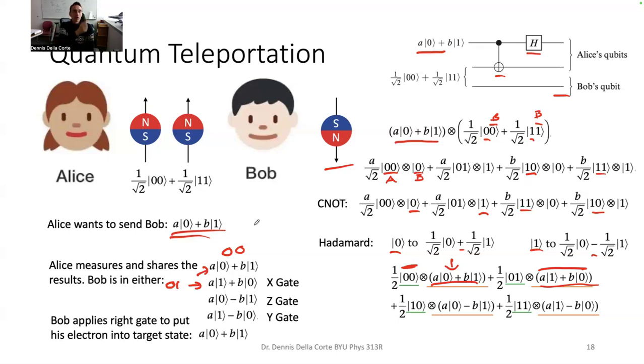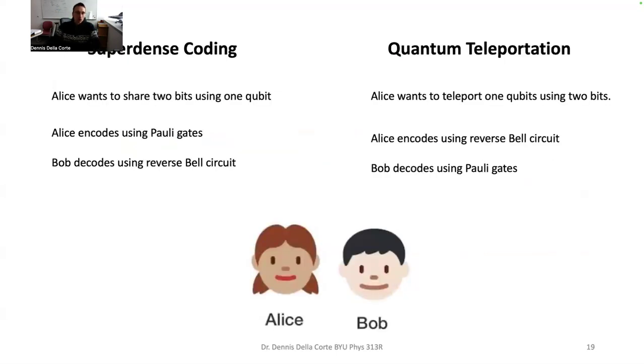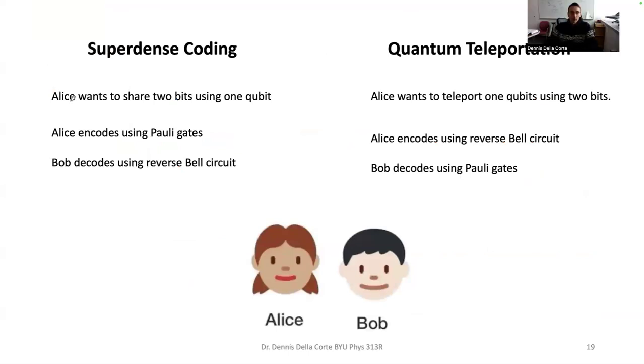Take the information of one qubit and give it to someone else that happens to already share an entangled qubit with you. Okay, great. So everything on one slide here, the 2 buzzwords: superdense coding, quantum teleportation. In superdense coding, Alice wants to send 2 bits using just 1 qubit.